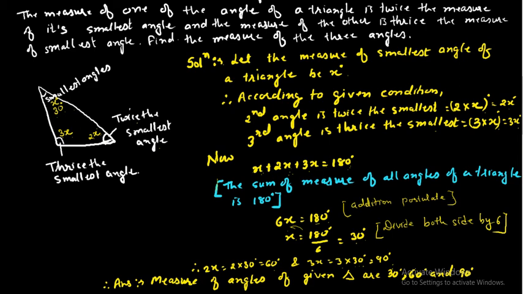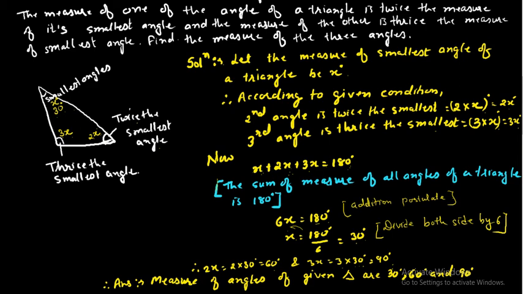Now according to the given condition, one angle is twice. So according to the given condition, the second angle is twice the smallest. Twice means two times. If we say times, that means you have to put the sign of multiplication. Twice the smallest angle: as we assume x as the smallest angle, we will put x here, so we get 2x.